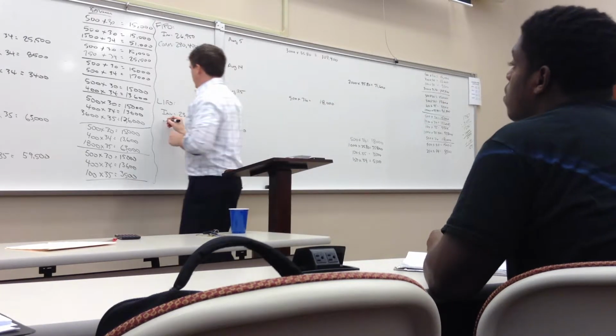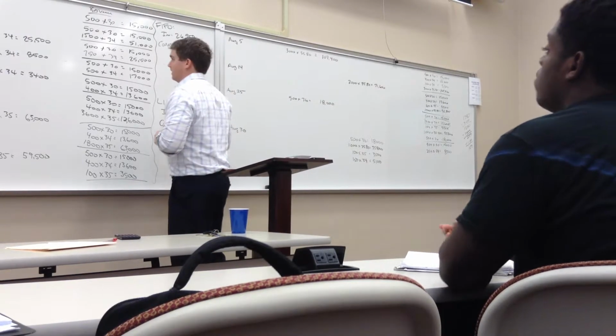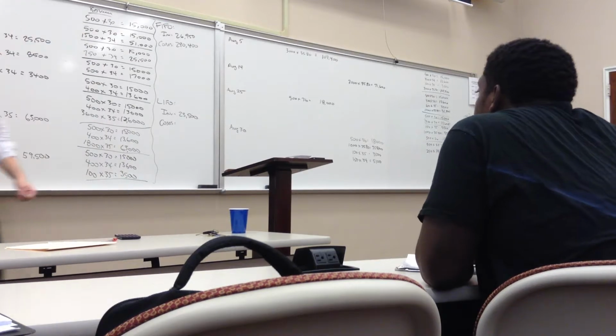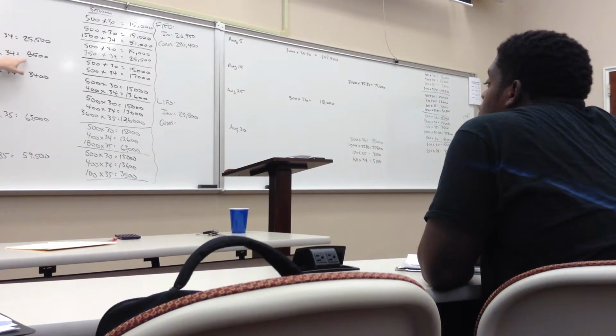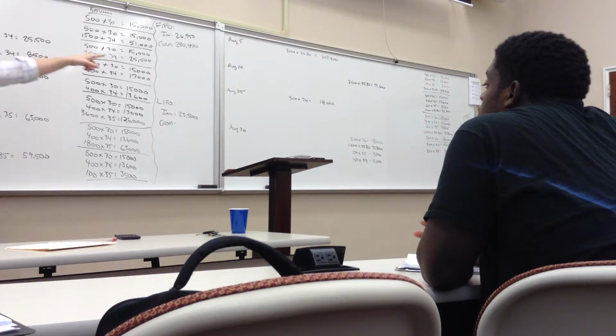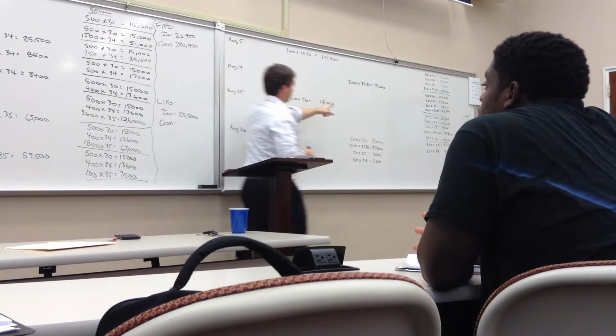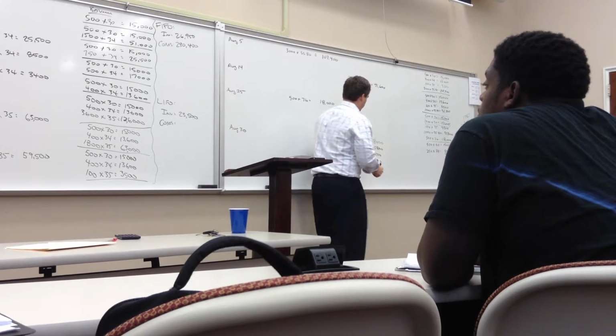Under LIFO, and just by way of reminder, where we get this figure is cost of merchandise sold. So we go to our sales column and we add up these numbers right down the line, all the way over here, all the way down.